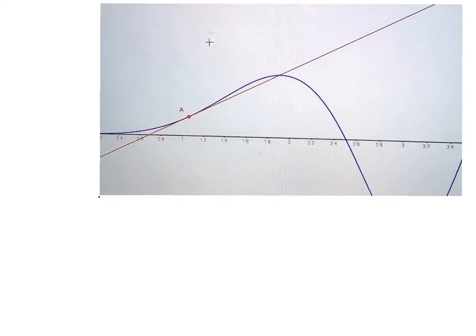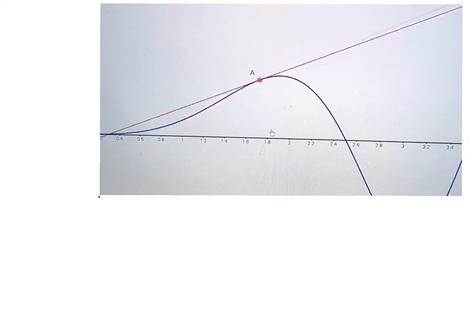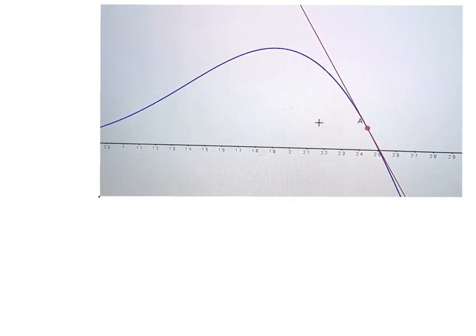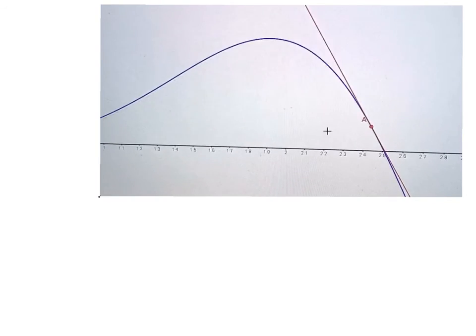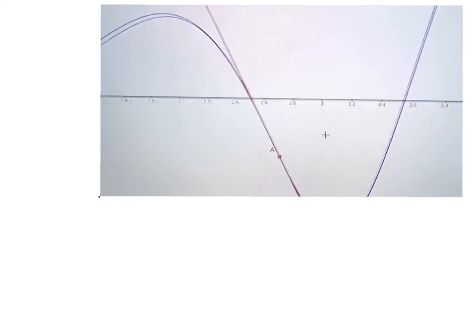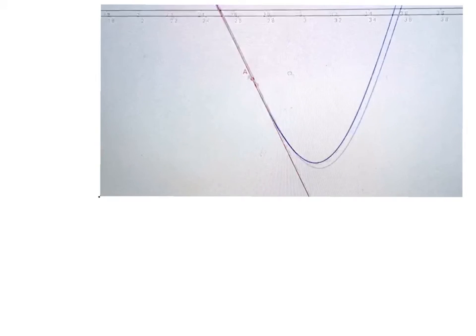Now we continue to another point. We zoom in, and again the graph in blue, that of the function, and the tangent line are very close. This is characteristic number 6.